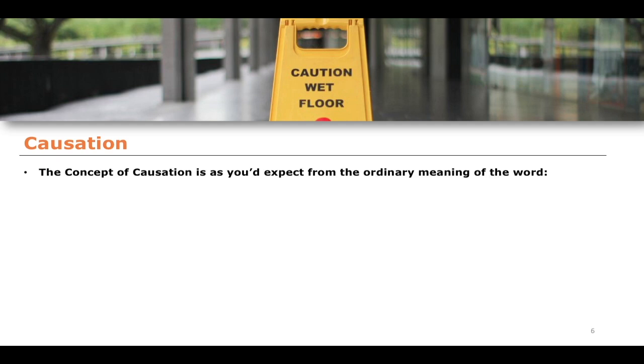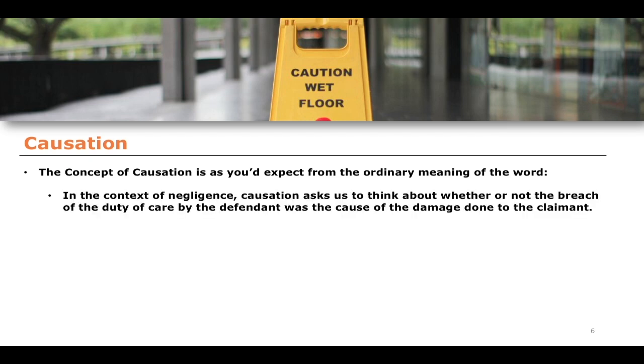So causation, essentially, is a concept that would be very easy for you to understand given the expectation of the ordinary meaning of the word. In the context of negligence, causation essentially asks us to think about whether or not the breach of the duty of care, that failure to meet the standard of care that we've explored already, was the cause of the damage done to the claimant.